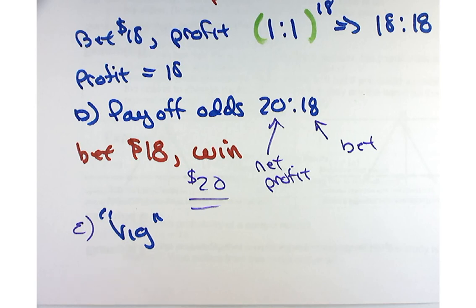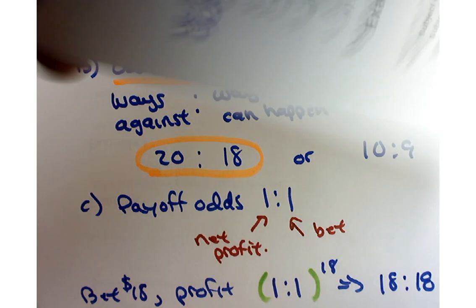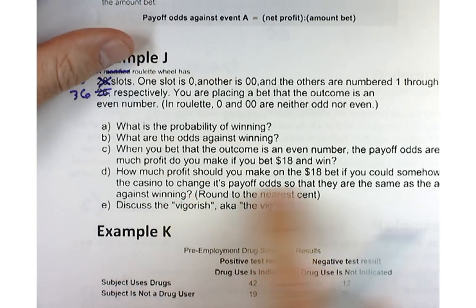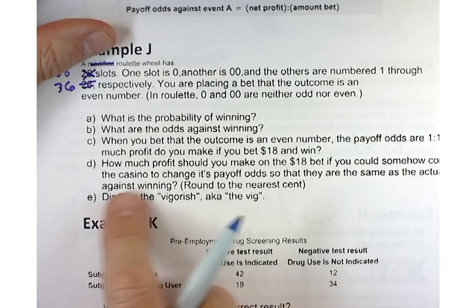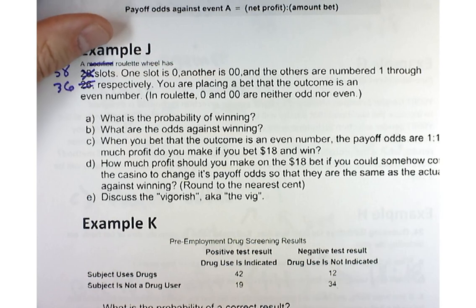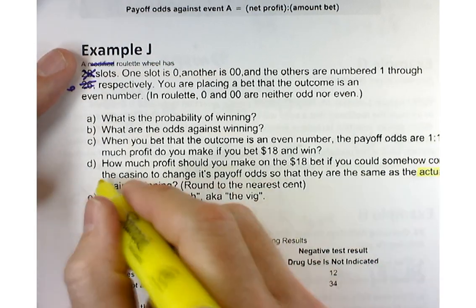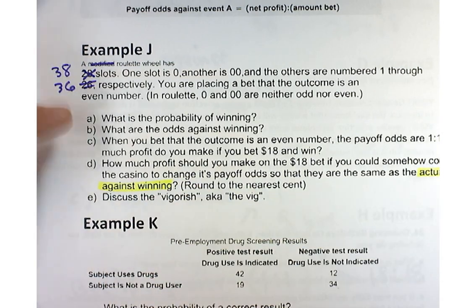Yes, sir. I kind of got a little sidetracked from the beginning. Wait, how did you get the 20 and 18? So the premise of the problem here was if you could somehow convince the casino to change its payoff odds so that they're the same as the actual odds against winning. So the actual odds against winning is something we calculated up above.